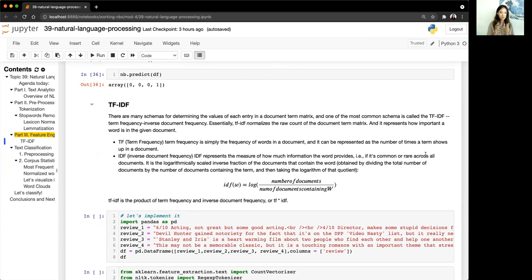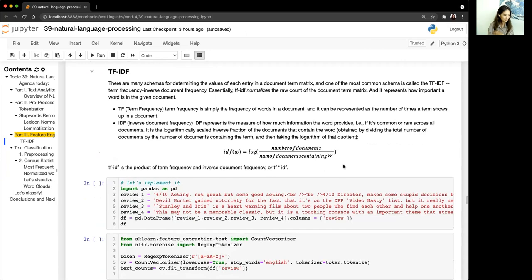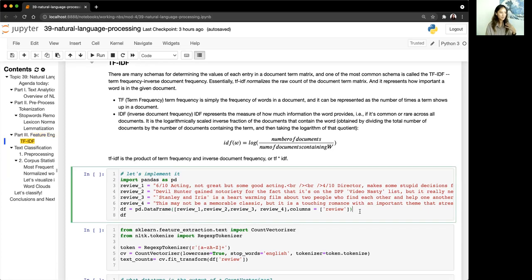If a word is particularly unique to a specific text, it will get a higher value. There's an equation for Tfidf, but we don't have to get into that right now. Just so you know, higher values for Tfidf basically mean that it's more unique to that specific row.